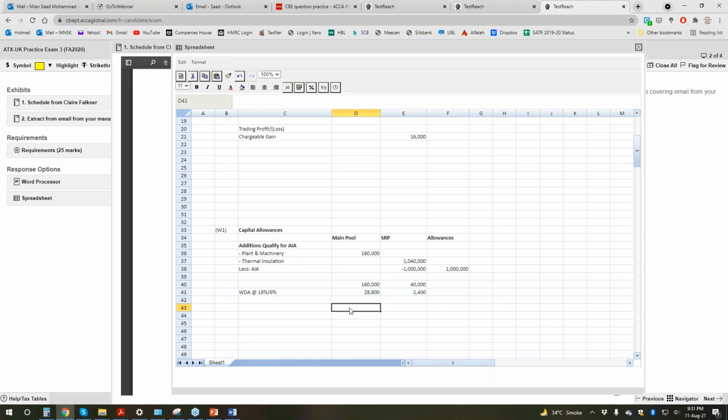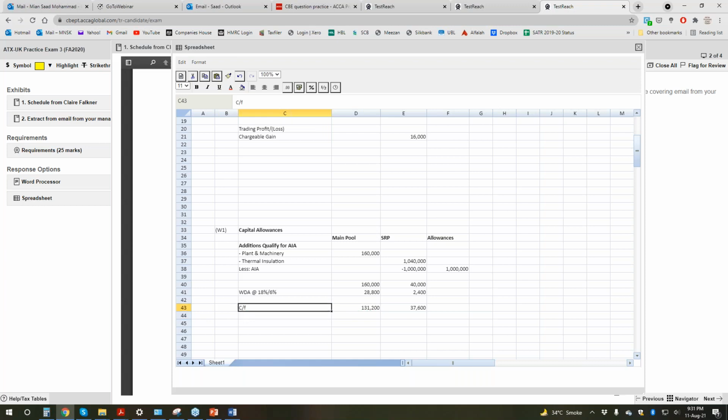Now I can apply the formula this minus this here and copy it here to create the carry forward values.